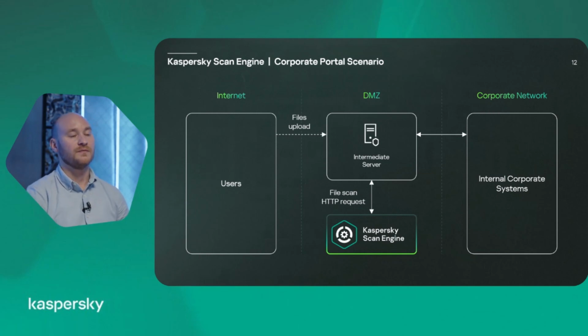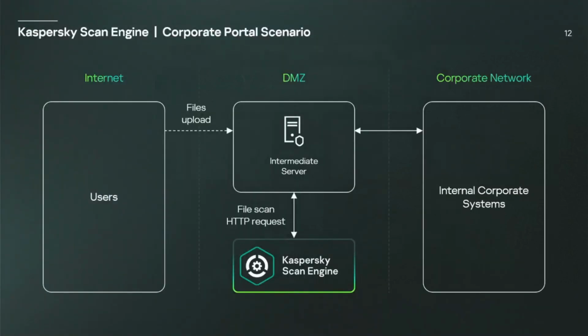Also, one important note is that integration usually uses HTTP protocol, and HTTP mode has two different methods. First is the scan memory method. In this method, the whole object sent for scanning is sent as a whole within the HTTP request, encoded as base64.